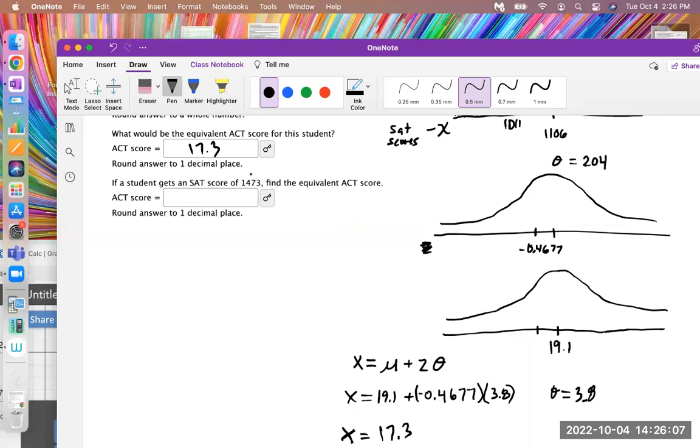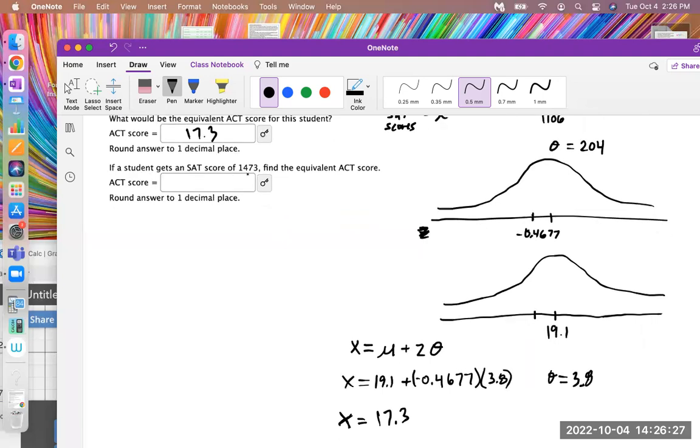We're just going to look at the z-score of this one, and then we're going to do the same thing that we did here using this formula, and we're going to go the same number of standard deviations away from the mean in the ACT score distribution. So a student has an SAT score of 1473, so we just need to find the z-score of that.